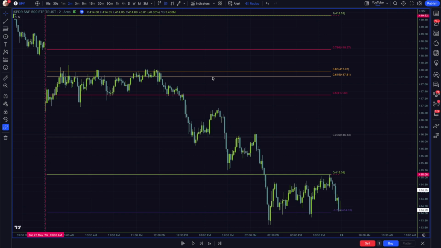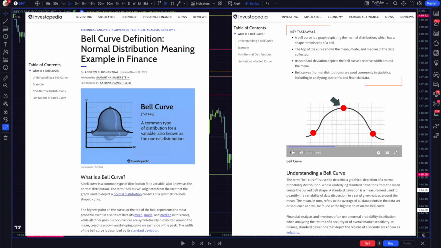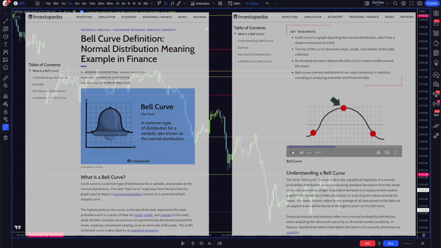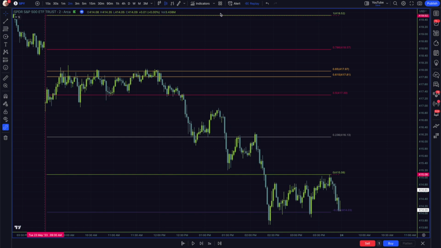One of the most important aspects of the fact that these levels are based off of the options market is the expected move is within a standard distribution, which, if you've ever heard of the bell curve, is based off of a 68% range. So when you put these levels on your chart, it can be expected that price will stay within these levels 68% of the time.